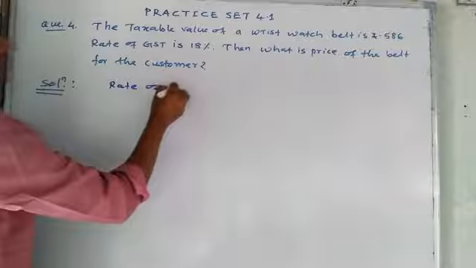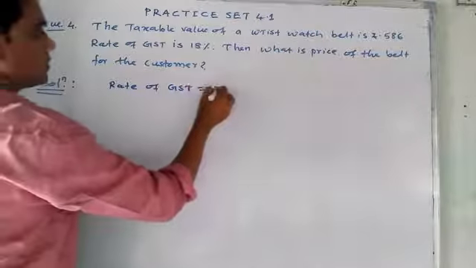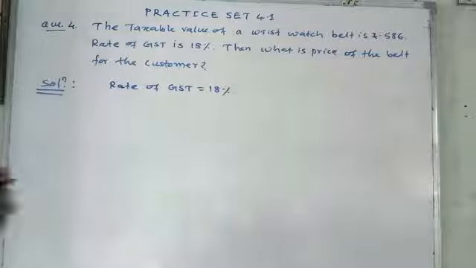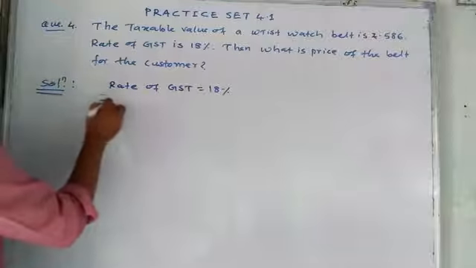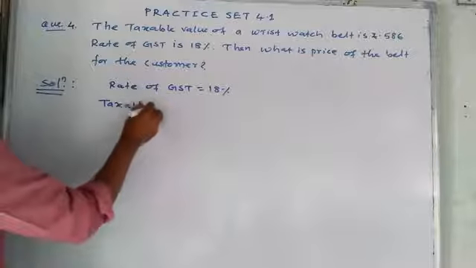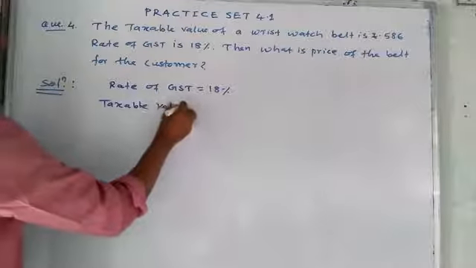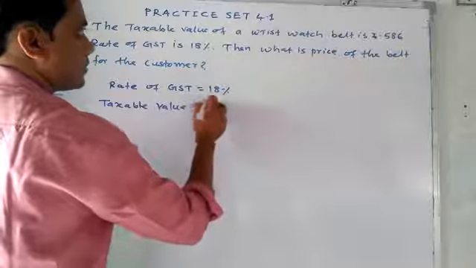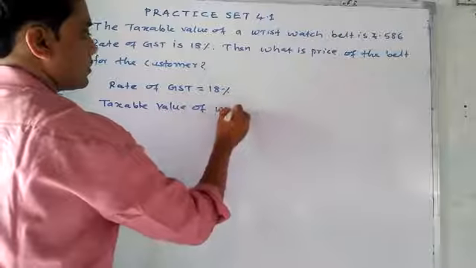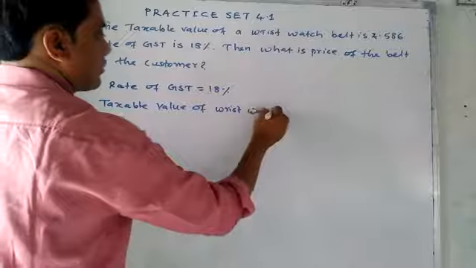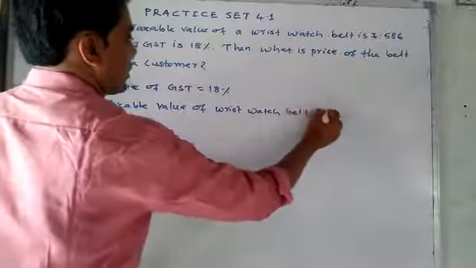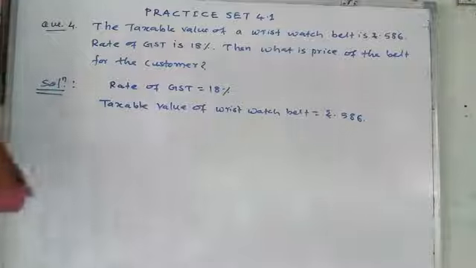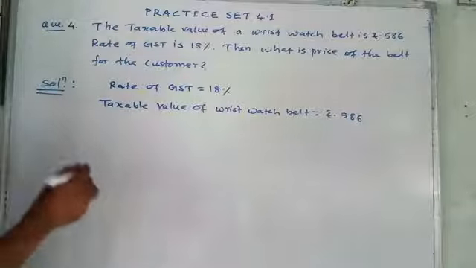Rate of GST is 18%. Taxable value of wristwatch belt is rupees 586.